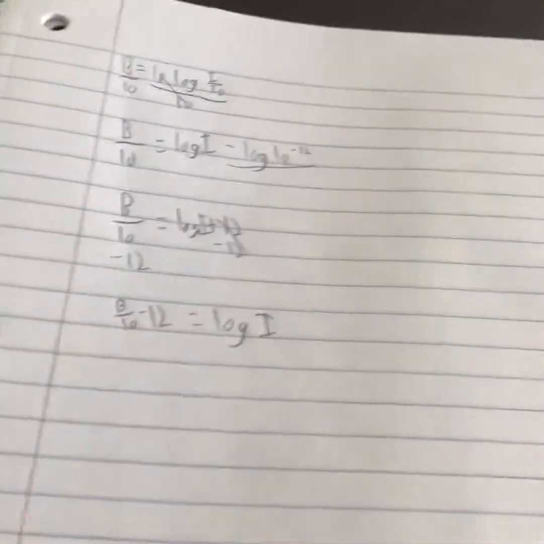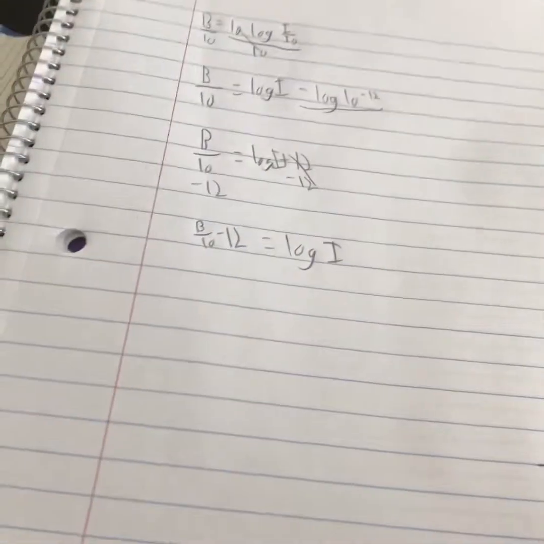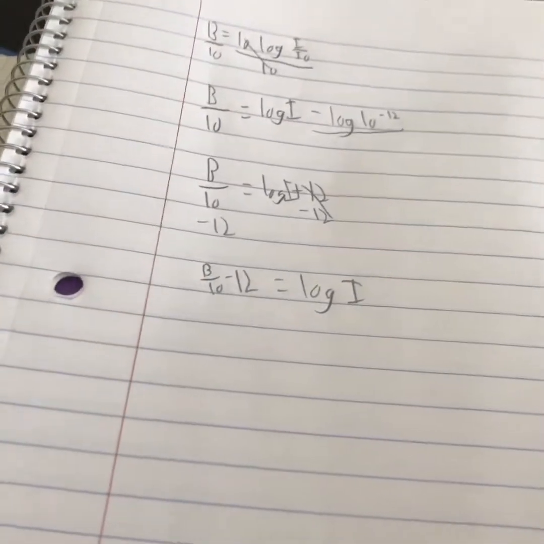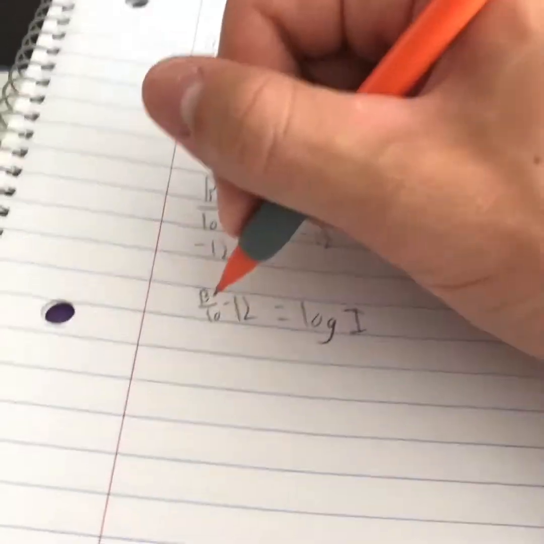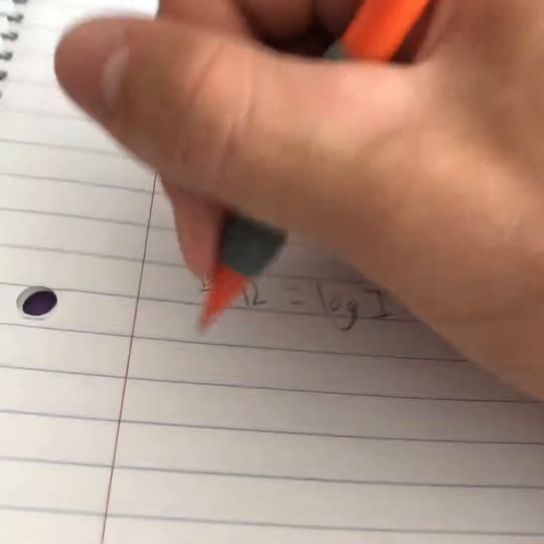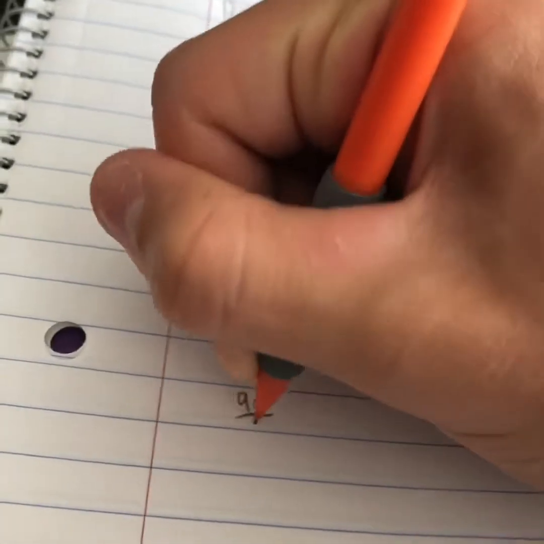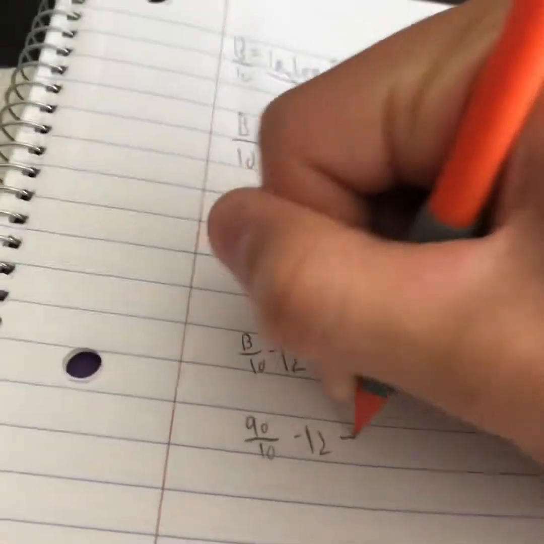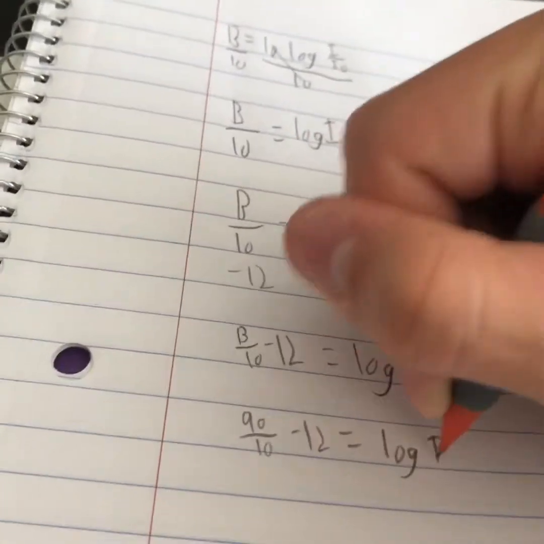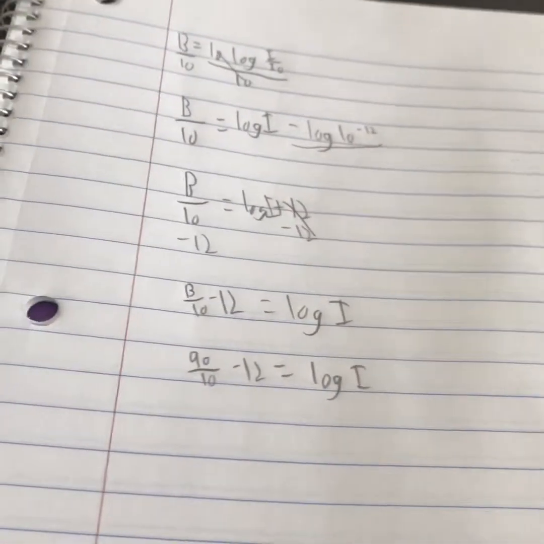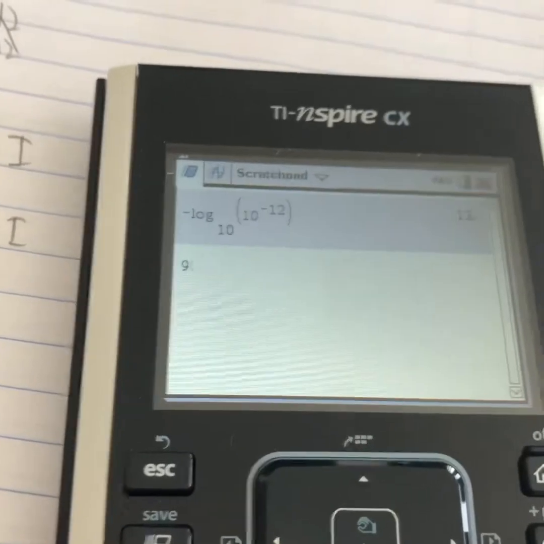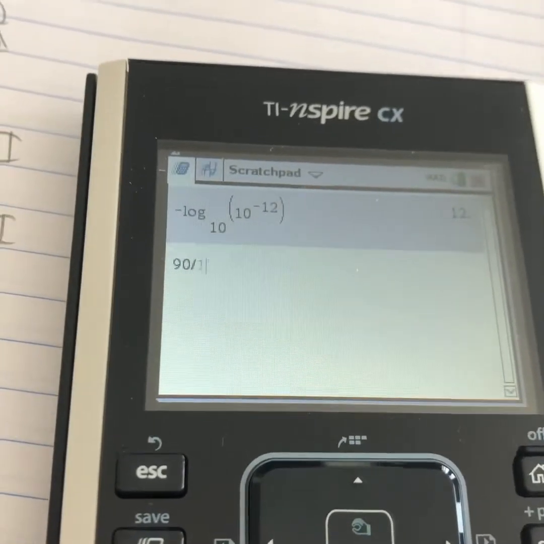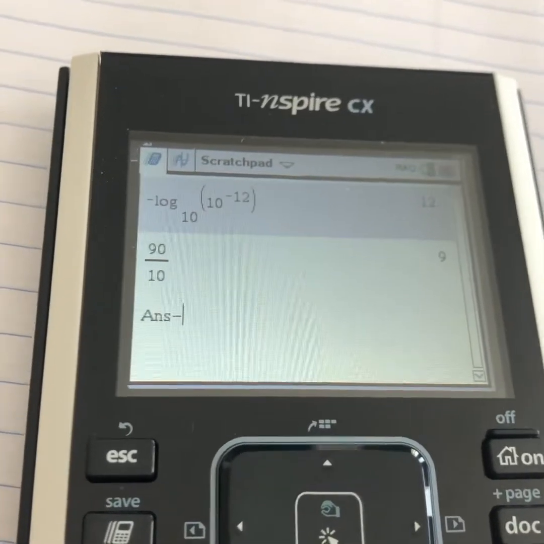And in the problem, it said that the decibel level was measured at 90 decibels. So that's what the B is, the decibel level. So we'll go ahead and plug that in since we know it. 90 over 10 minus 12 equals the log of I. And so we'll go ahead and put that in the calculator. 90 divided by 10 and then minus 12 is -3.